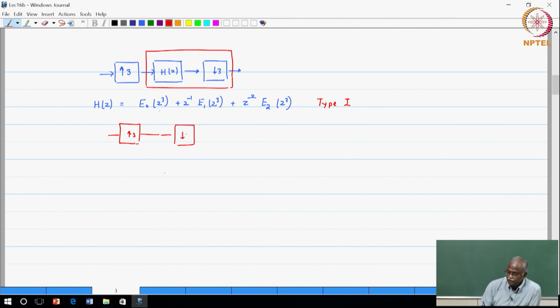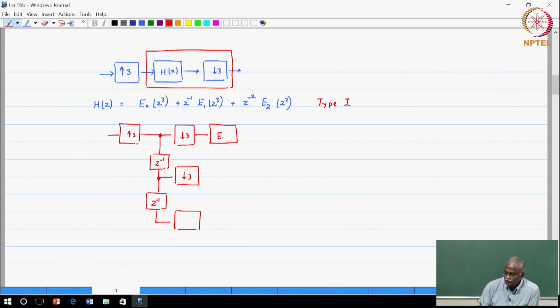Then I have downsampling by a factor of 3, polyphase decomposition of type 1, z inverse, downsampling by a factor of 3, z inverse, downsampling by a factor of 3, and this one is E0 of z.